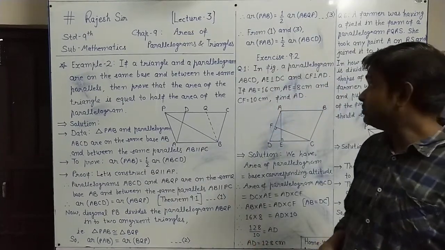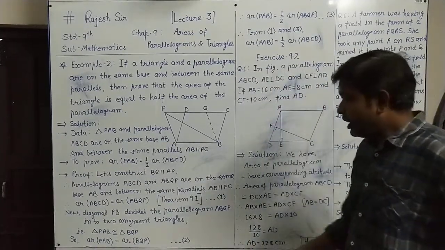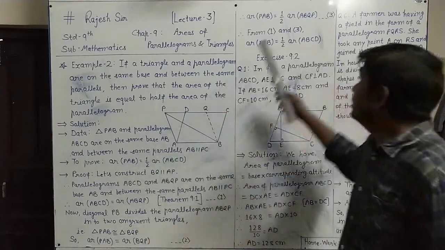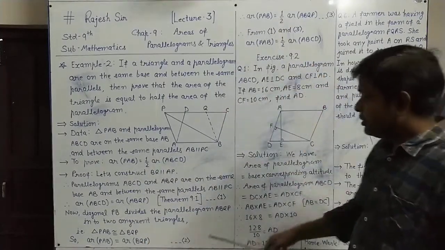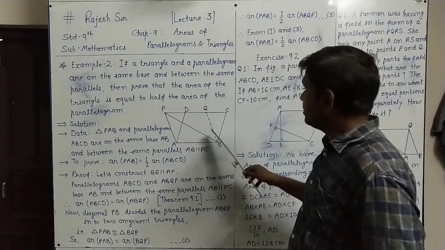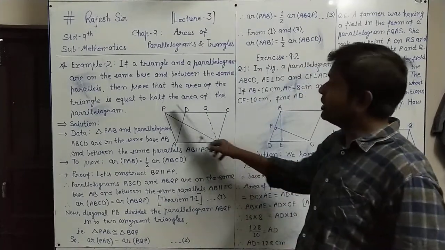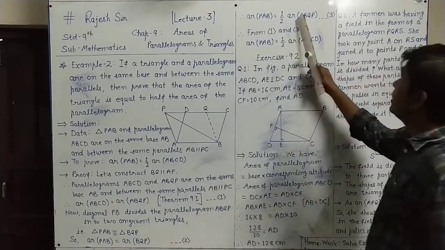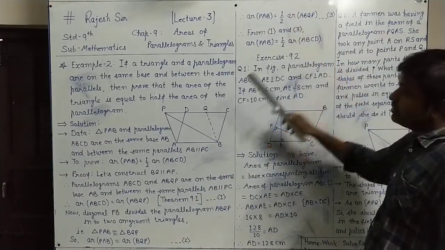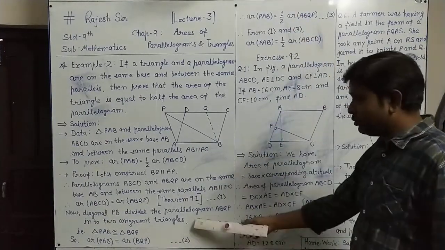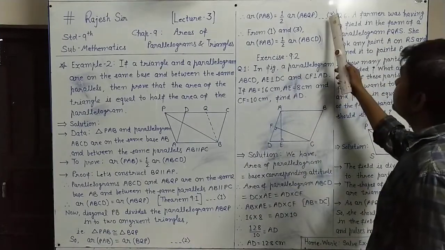Now area of BQP is actually half of area of ABQP. You can see the figure, and here we know this. Say this as result 3.